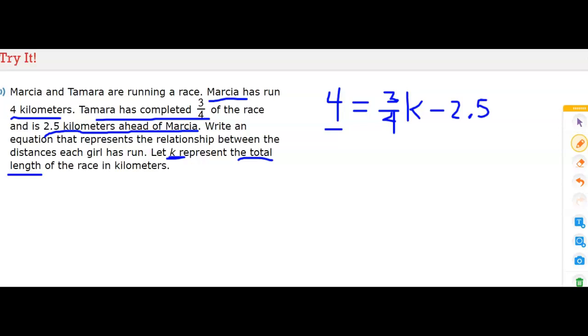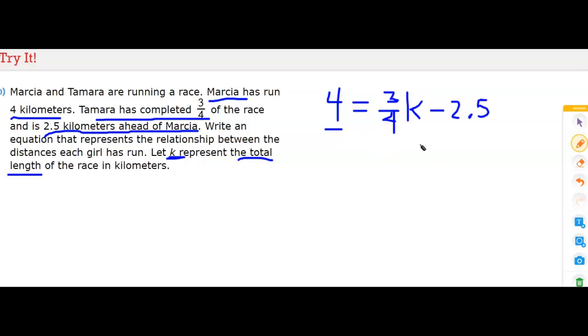So to solve for Tamara, once again, we're going to multiply the 3/4 of the race that she did run times K, because that's the total number of kilometers that the race is. And then once we find her total of the race that she ran, we have to subtract it. And the reason we're subtracting is because it says she's ahead of Marcia. So if Marcia has only run this much, whatever she ran, we have to subtract 2.5 kilometers so that we know how much further Tamara has run.